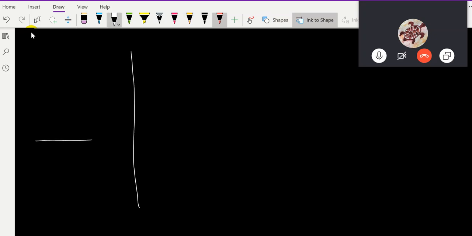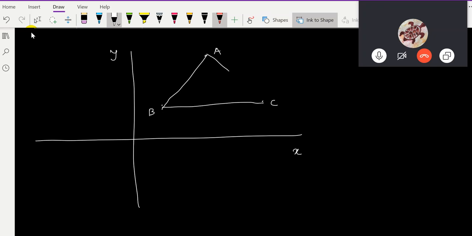Prisha, you're there? Yes, sir. So we have our XY coordinates. Let's say I have 3 points A, B, and C, and I have a triangle like this. I know that the coordinates of A are x1, y1, B is x2, y2, and C is x3, y3.